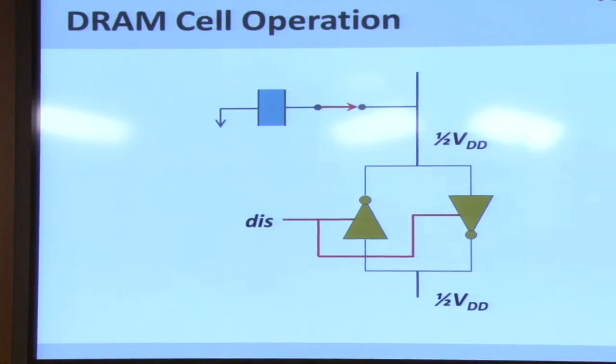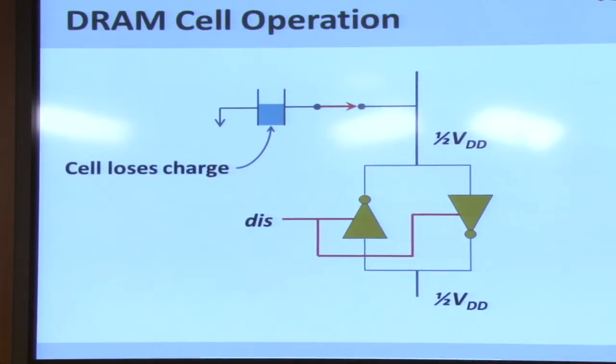VDD. So the capacitor is at a voltage level of VDD. The top terminal of the sense amplifier is at a voltage level of half VDD, and charge flows from a higher voltage level to a lower voltage level. So the charge in this case is going to flow from the cell to the top terminal of the sense amplifier, increasing the voltage level on the top terminal above half VDD.